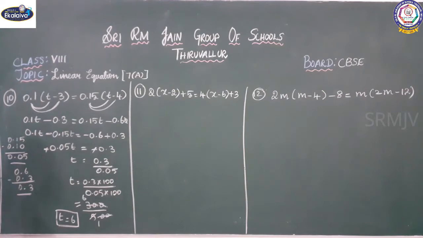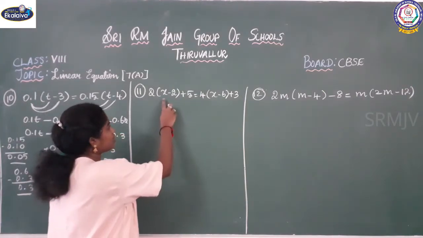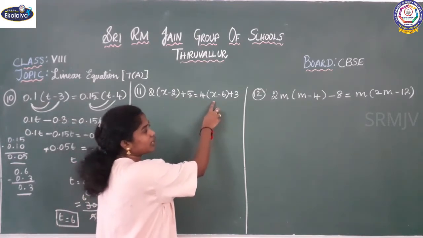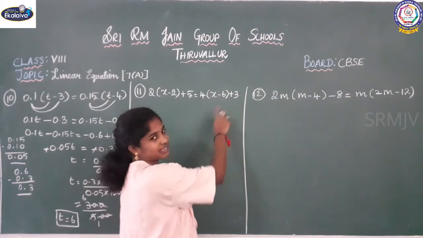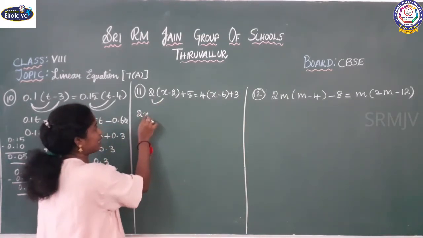Do you understand this? Shall we go to the next sum, children? Yes, listen to this. 2 into x minus 2 plus 5 is equal to 4 into x minus 6 plus 3. Okay. So, we have to multiply 2 into x, 2x.